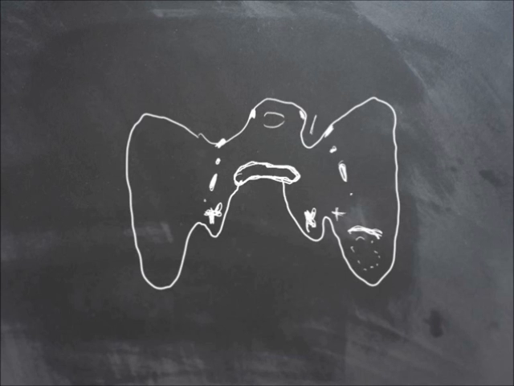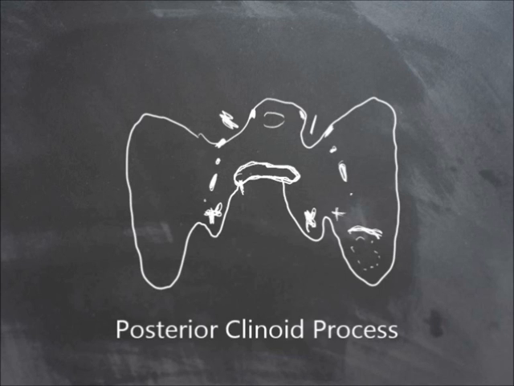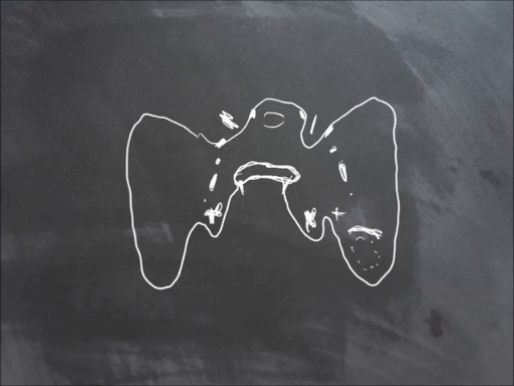So here's your anterior clinoid processes. Here are the posterior clinoid processes. And that is the middle cranial fossa. So, we move on to the posterior cranial fossa.